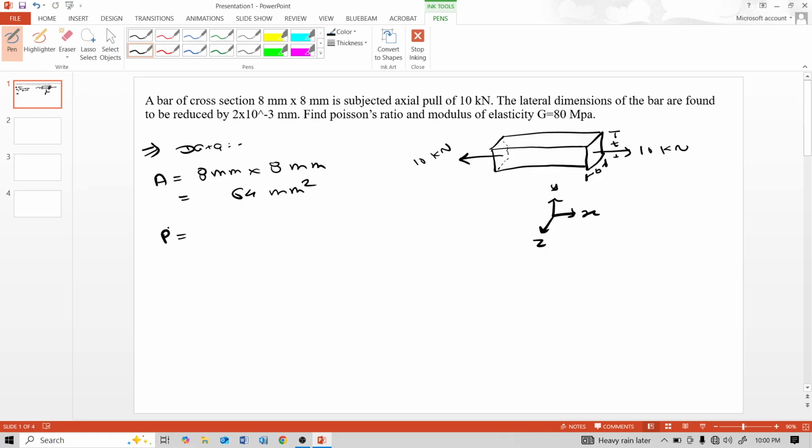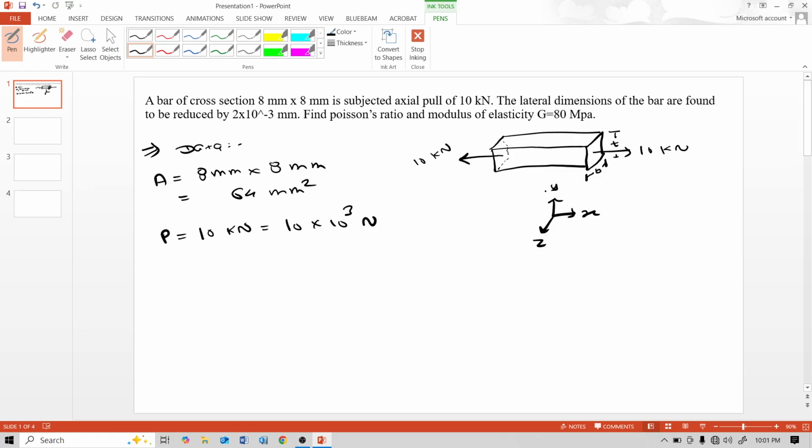P, the axial pull acting on this bar, is 10 kilonewton, 10 into 10 raised to 3 Newton. The lateral dimensions of the bar are reduced by 2 into 10 raised to minus 3 mm.